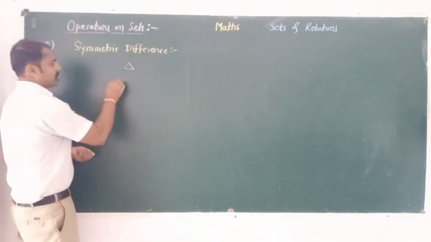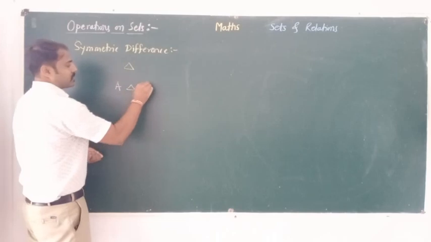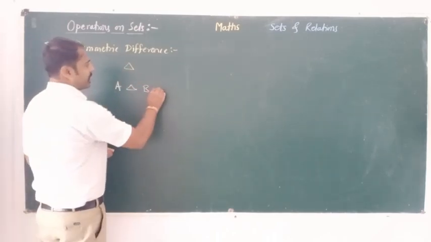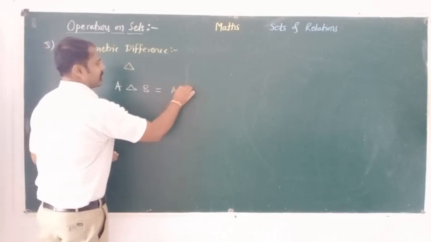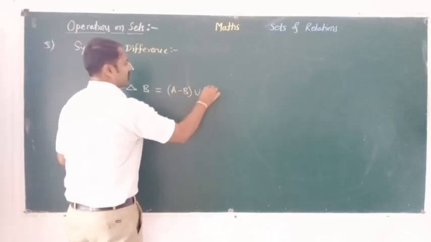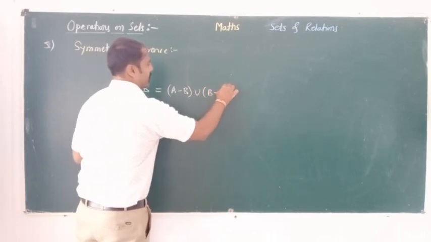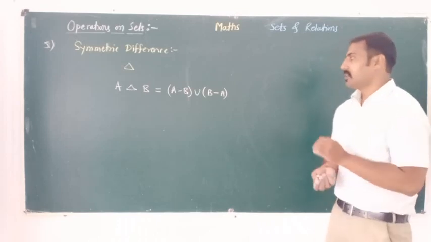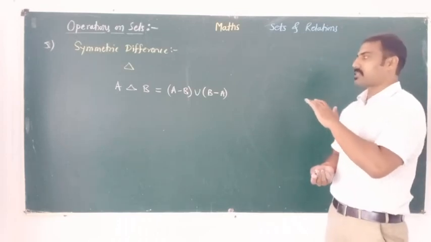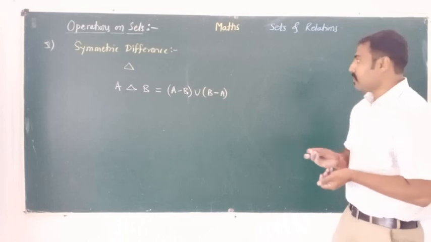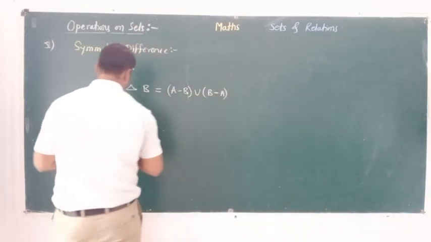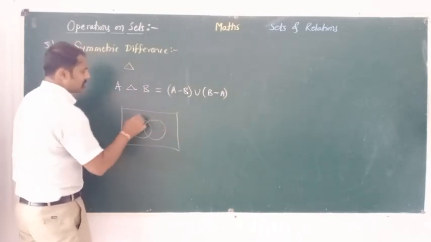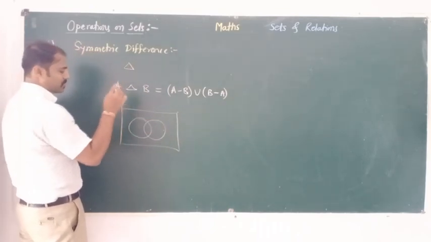The symmetric difference between two sets A and B is denoted by A delta B, and it is clearly the union of two sets A minus B and B minus A. It is clearly defined as A minus B union B minus A. Means in Venn diagram I am showing that symmetric difference.